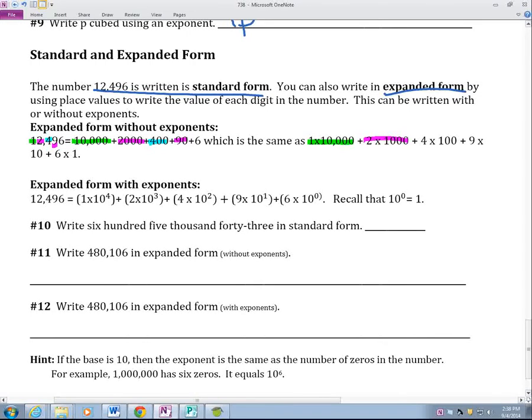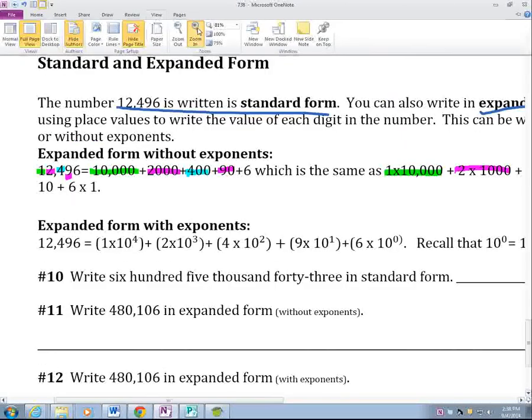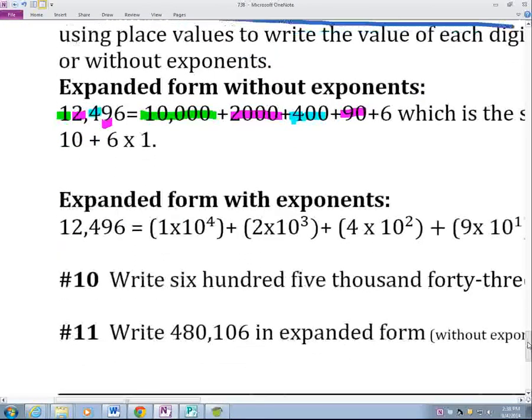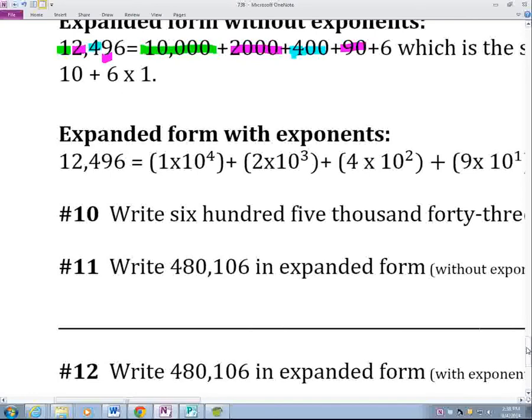To skip ahead a little bit, whenever you see 10 to a power of something, think of it like this: the exponent is how many zeros are at the end of this number. So 1 times 10 to the 4th has 4 zeros, making it 10,000.